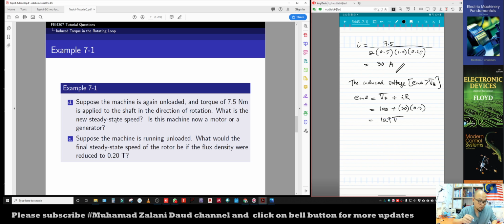So we have already found the induced voltage, which is 129 volt, and then finally we want to find the speed of the shaft.